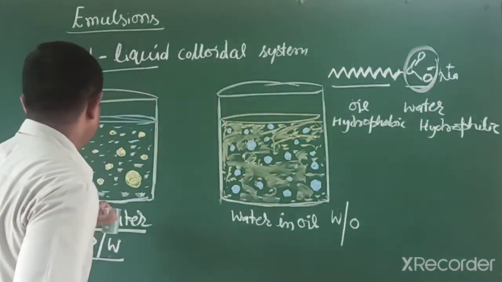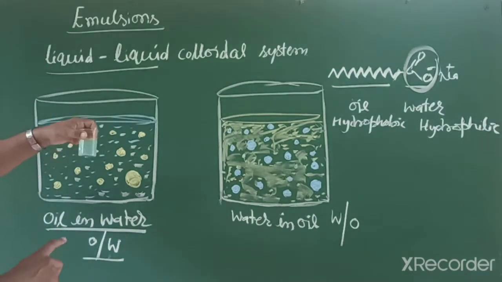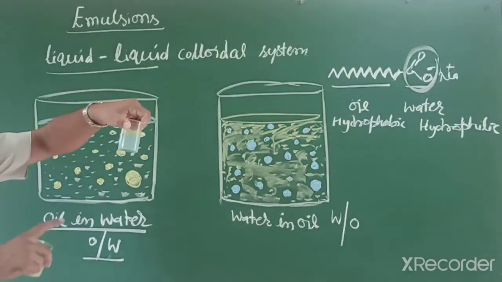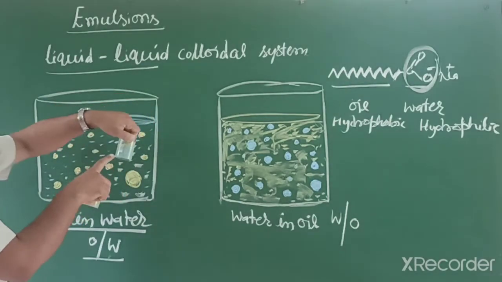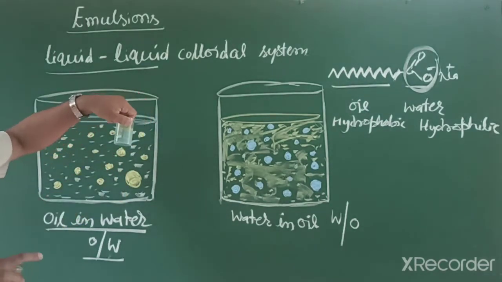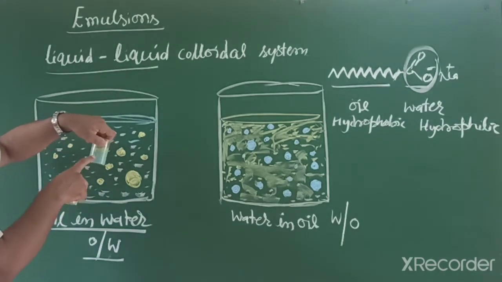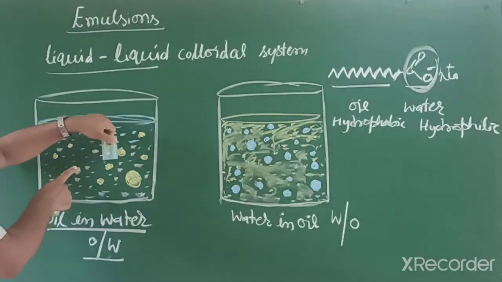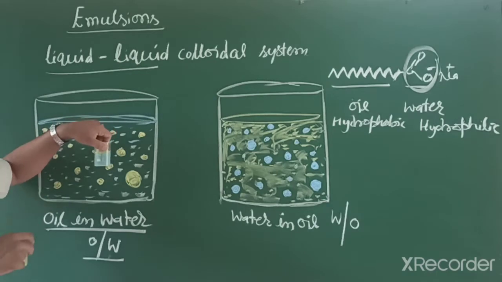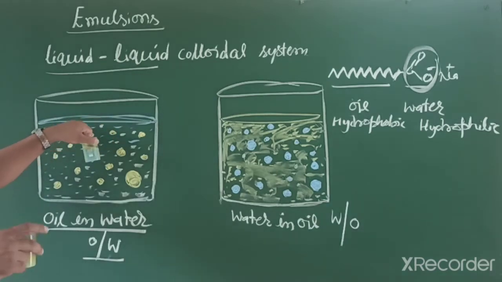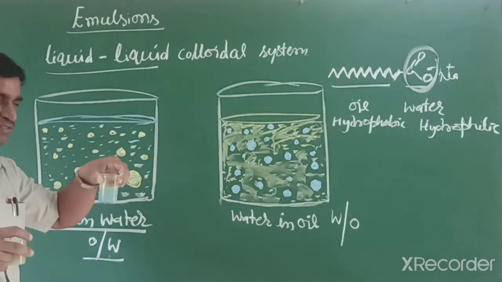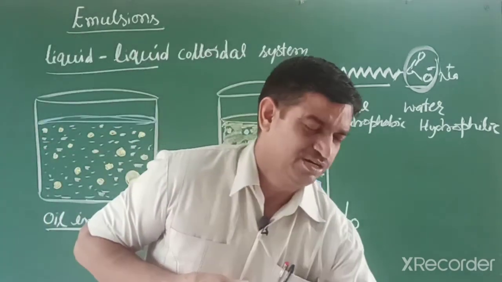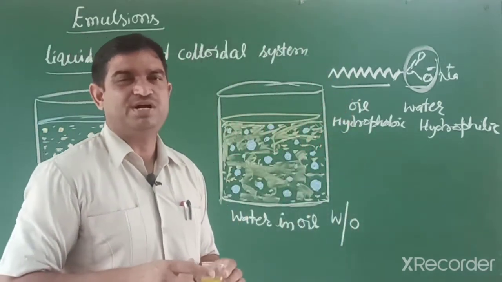So the first one, oil in water, I explain with this example. The background is bluish in this oil in water because water is in more amount. So the background is bluish, and the main examples are milk and vanishing cream like Ponds that we use on our face in winter season. And the other colloid is water in oil.